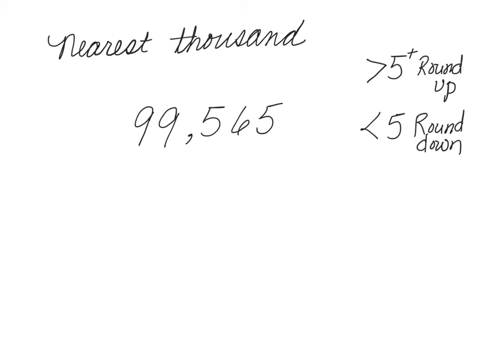Okay, so here's the final problem for us to look at right now. My number is 99,575. So I want to identify my target number. Again, I know place value: ones, tens, hundreds, thousands. Oh, and I have the 10,000s. So I'm looking at this 9 in particular because it is in the thousands place.